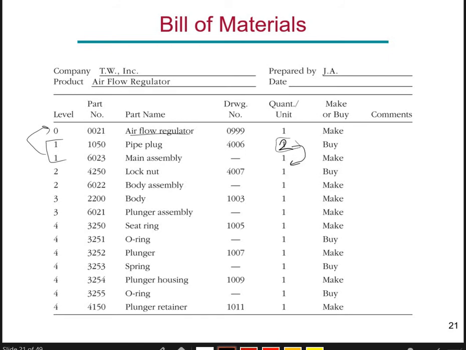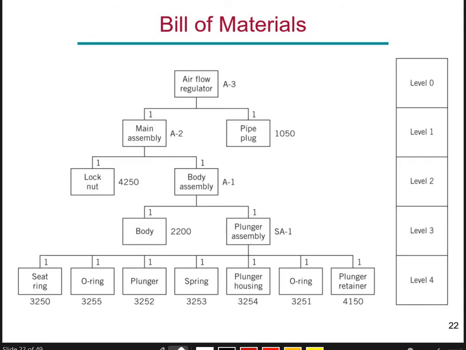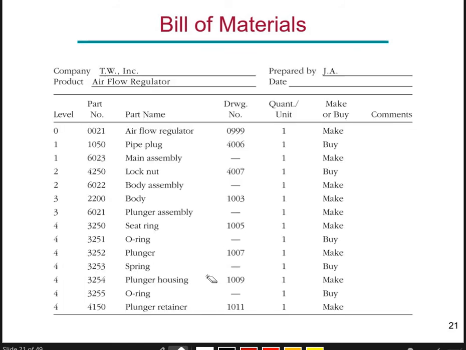If that is the case, of course, the quantities that you see here will be different. Okay, so these are two examples of bill of materials, two different representations. Of course, if you are saving these bills of materials in your computers, it will be better, or it will be the case that you need to save it in such tables.